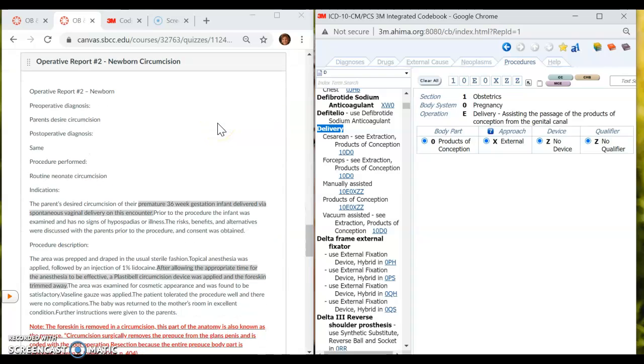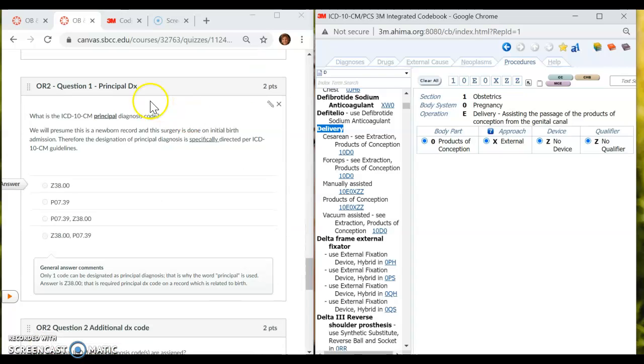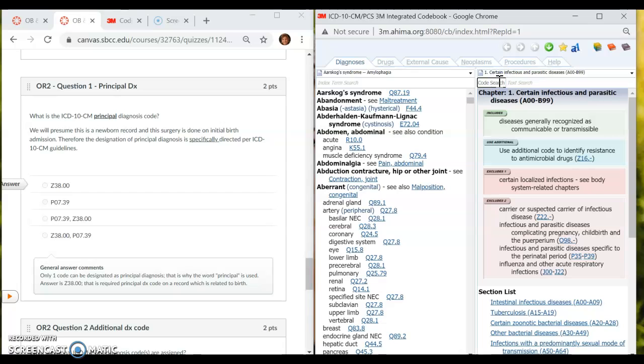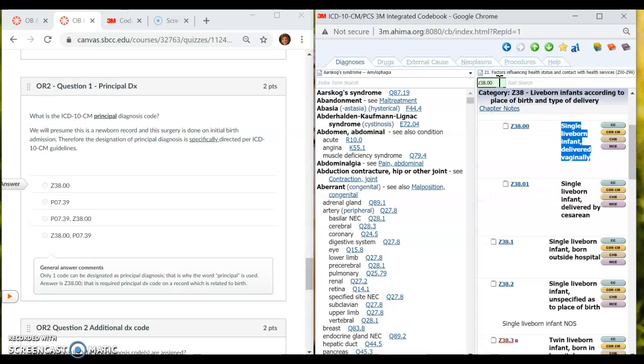Okay, operative report, newborn circumcision. So with this one, go down to the principal diagnosis. Remember the rules on babies. Okay, so if we're coding for this baby, the Z38 is always the principal diagnosis. Okay, so let's go like that.